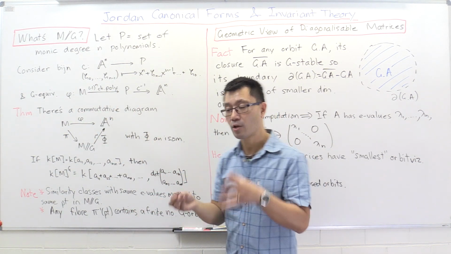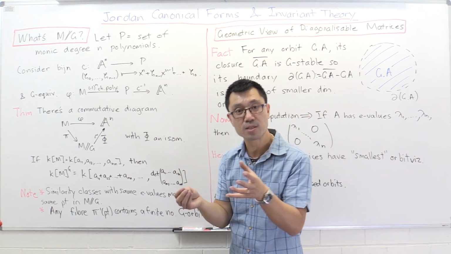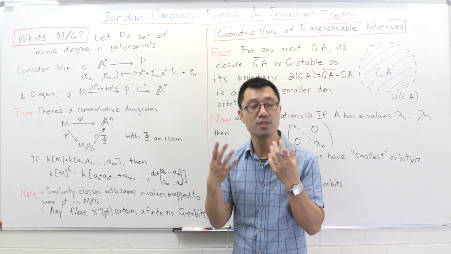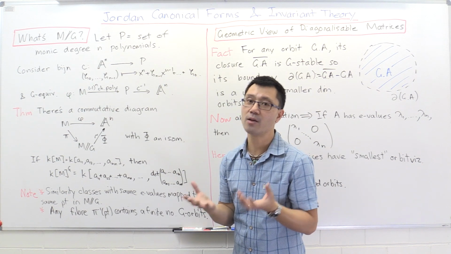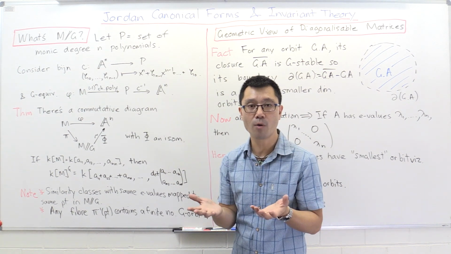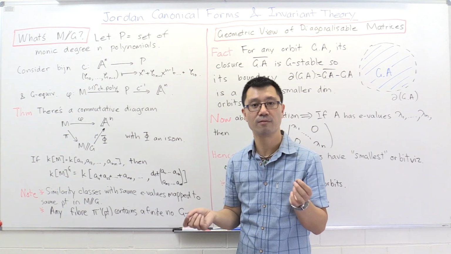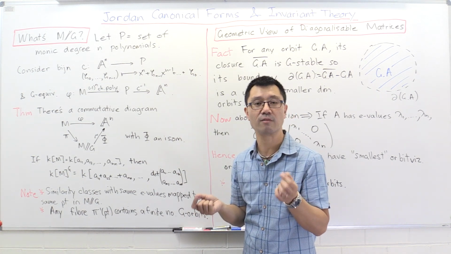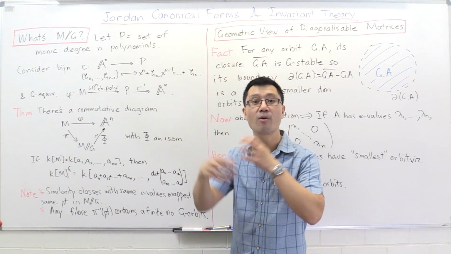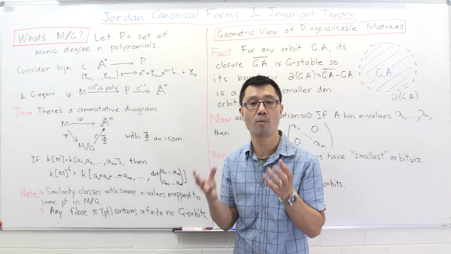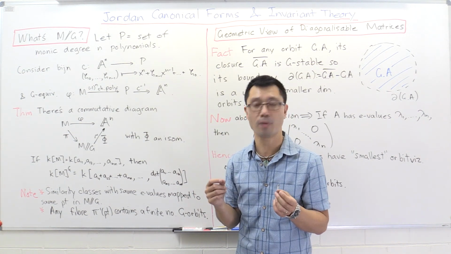Of course, if you look at all those matrices, that's a union of similarity classes, and they're all the similarity classes of the Jordan forms which have those given eigenvalues. And there's only a finite number of possibilities for what those Jordan forms are, up to permuting those Jordan blocks.